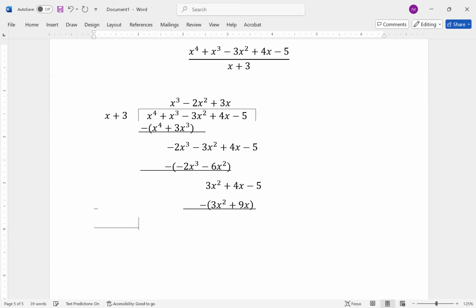And that gives me minus 5x minus 5. Do the same thing. What do I need to multiply x by to get minus 5x? The answer is a negative 5.